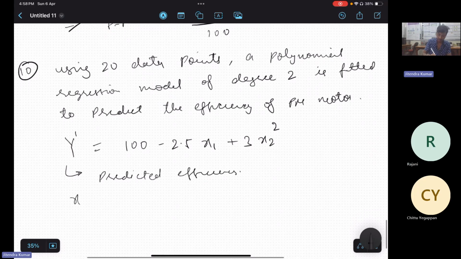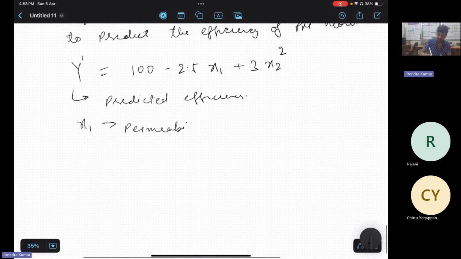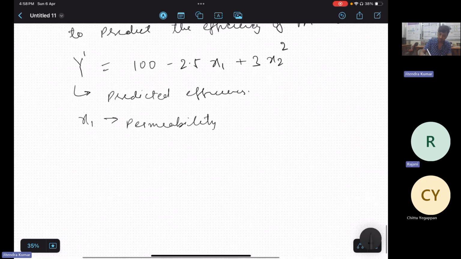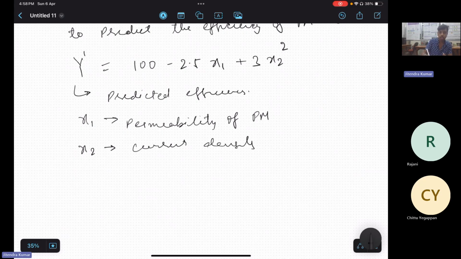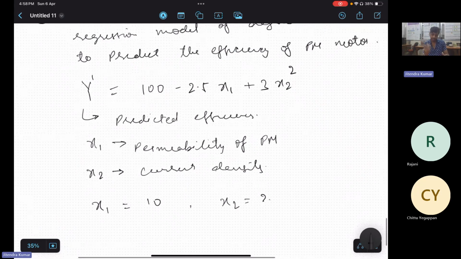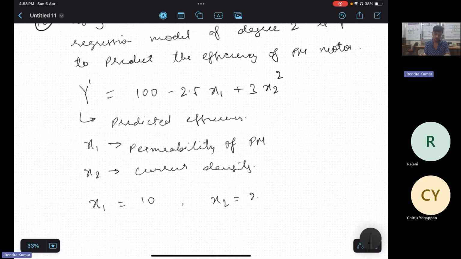X1 represents permeability of PM, and X2 represents current density. Now X1 and X2 are fed with the values X1 equal to 10 and X2 equal to 2. What will be the predicted efficiency for this meta model, right?